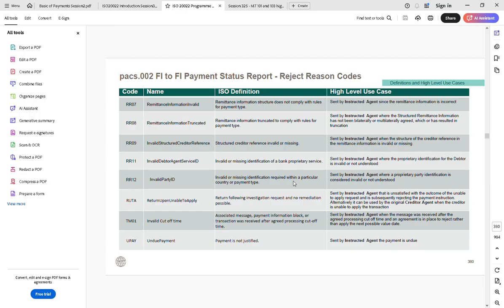We haven't done settlement yet. When we do the settlement, at that time pacs.004 is sent as a return. So we are still before the CSM clearing and settlement. We are here only.